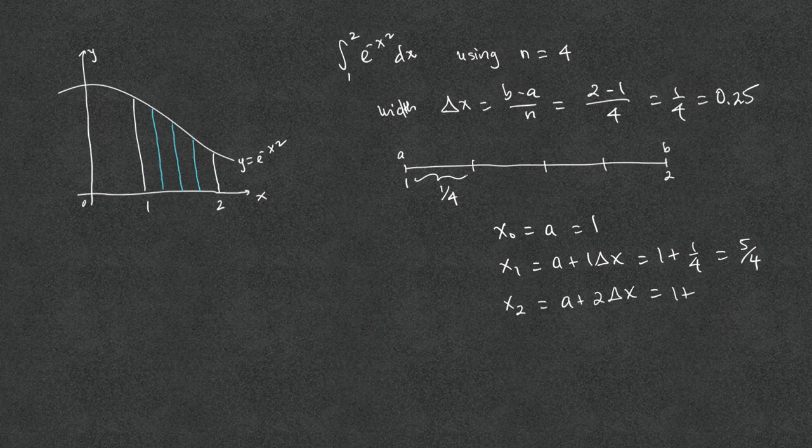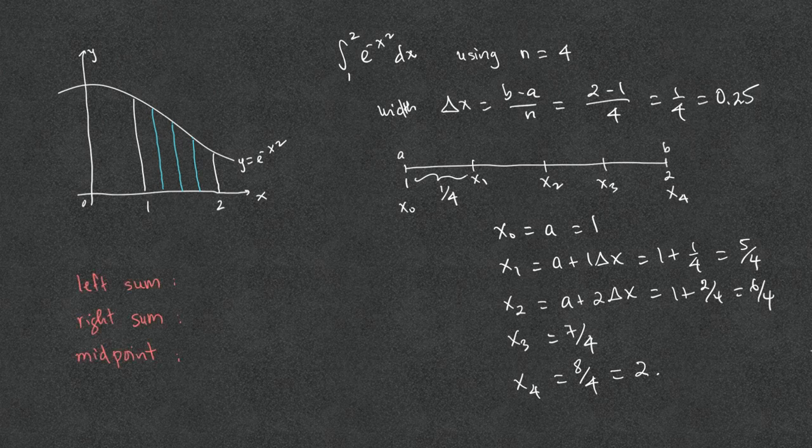This is 1 plus 2 over 4, so that is 6 over 4. x sub 3 is 7 over 4, and x sub 4 is 8 over 4, but 8 over 4 is 2. x sub 4 should be the last x value in this interval. On this number line, we start with x sub 0, then x sub 1, x sub 2, x sub 3, x sub 4. 4 intervals.